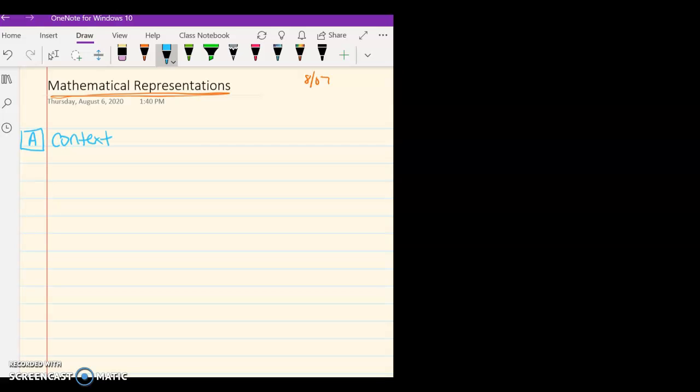I like to do different things with my notes so that stuff stands out. So what I'm going to do is I'm going to write this in capital letters just so it stands out a little bit more. Because again, I like to make my notes different. I like to cater them to how I learn and how I see things. So if that stands out to me, it's going to be easier to find later. So context is the story or situation that fits or matches the math.